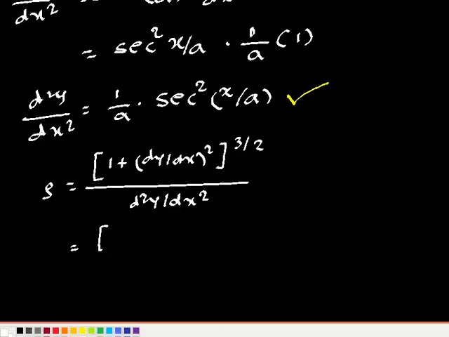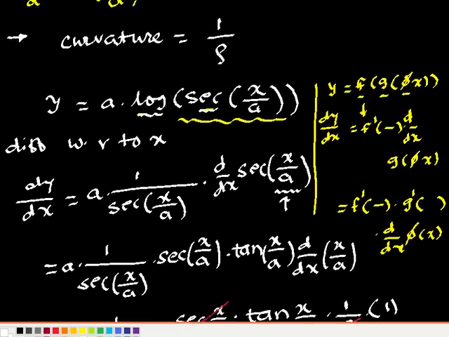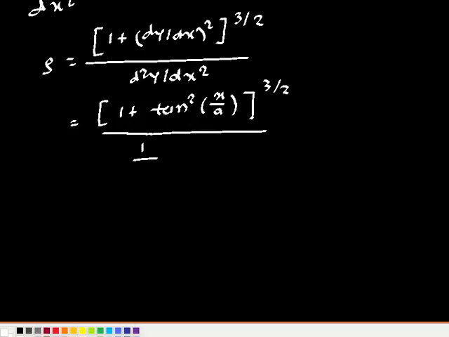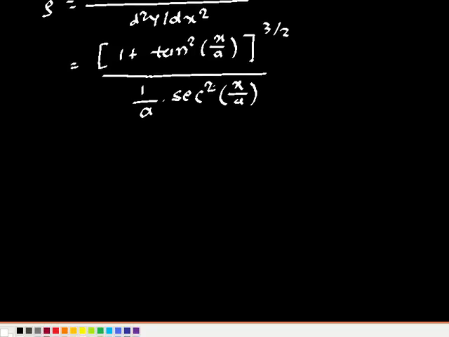So it will be 1 plus tan square x upon a, bracket raised to 3 by 2, and the value of d2y by dx square we just found is 1 upon a into sec square x upon a. So this a will go into the numerator.